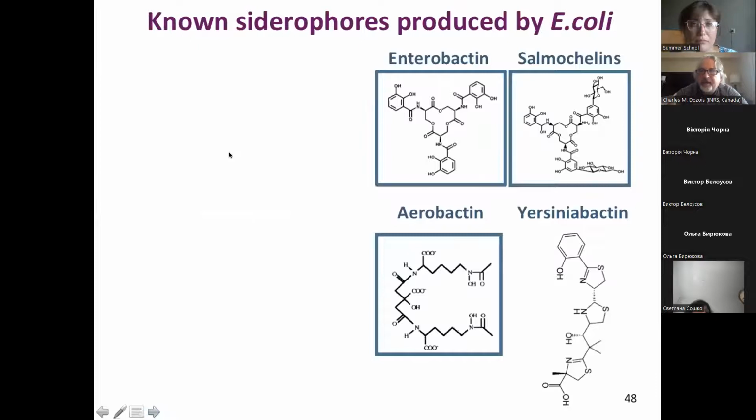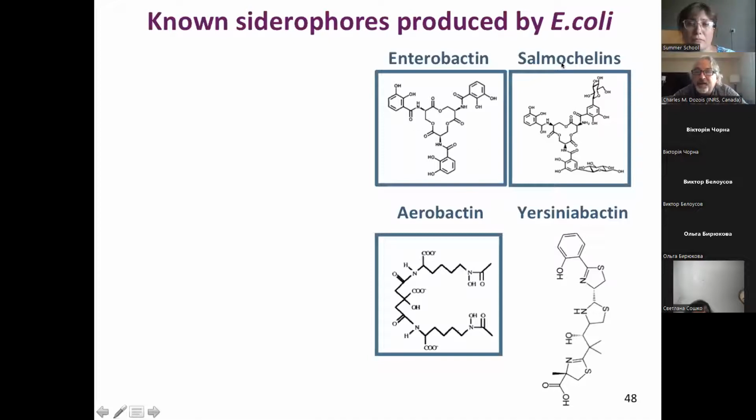Now, one of the factors that is really important for survival, as I mentioned, are these iron chelators. I just wanted to point out there are 4 known E. coli and Salmonella siderophores. It turns out that enterobactin here is conserved by E. coli K12.